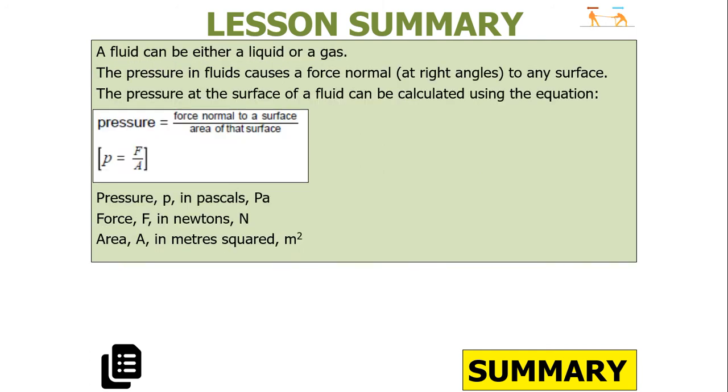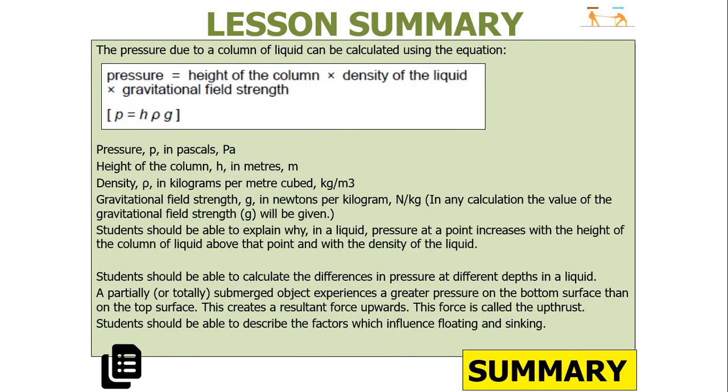We can then work out pressure in fluids and the equation to calculate that, whether it be P equals F over A or P equals h times rho times g. And then you can understand that differences in pressure occur at different depths in a liquid, and that a partially or totally submerged object experiences a greater pressure on the bottom surface than the top surface, which creates a resultant force upwards, which we call upthrust, which can then link into floating and sinking.